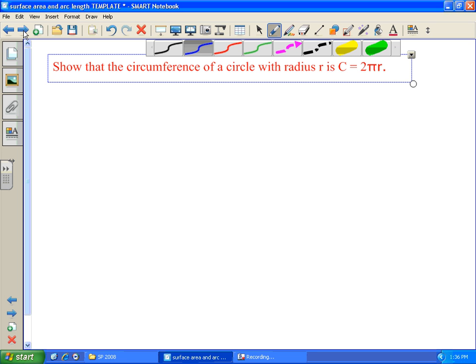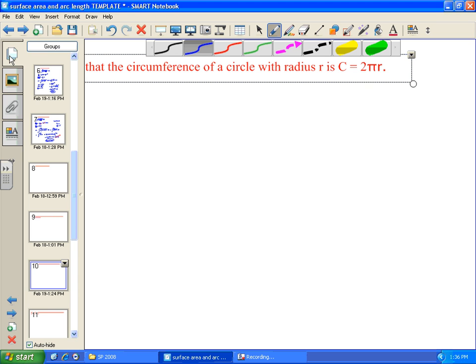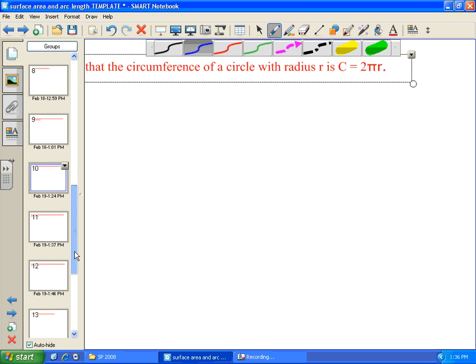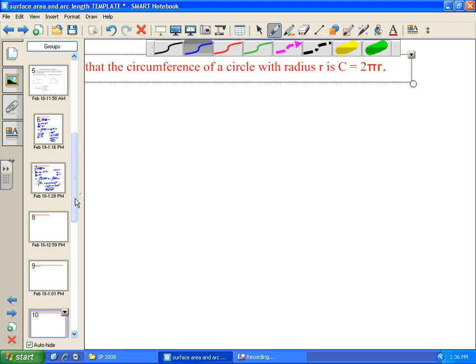Because that's, after all, an arc length, right? Basically, it's finding the arc length around a circle. So can we find these formulas we've been taking for granted up to now by using derivations from calculus? So hopefully we'll come back to it, but just in case we don't, I want to leave you with that.